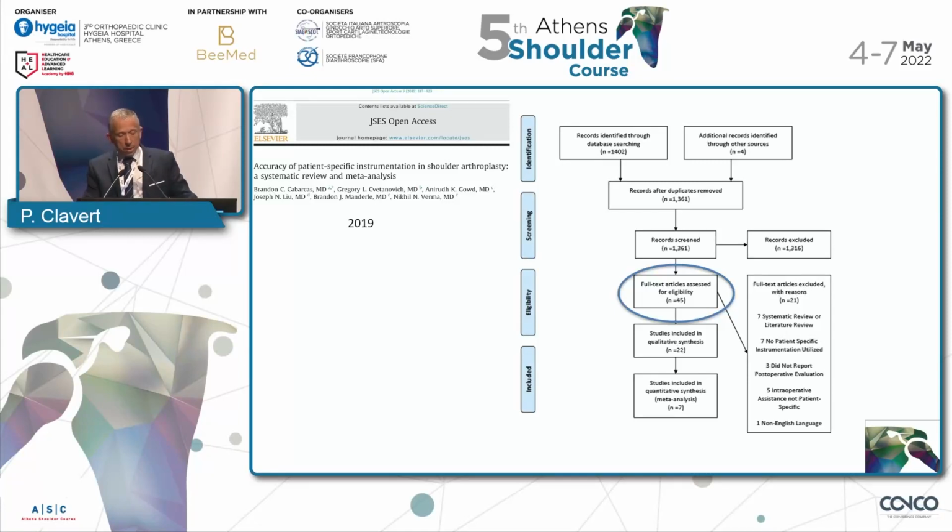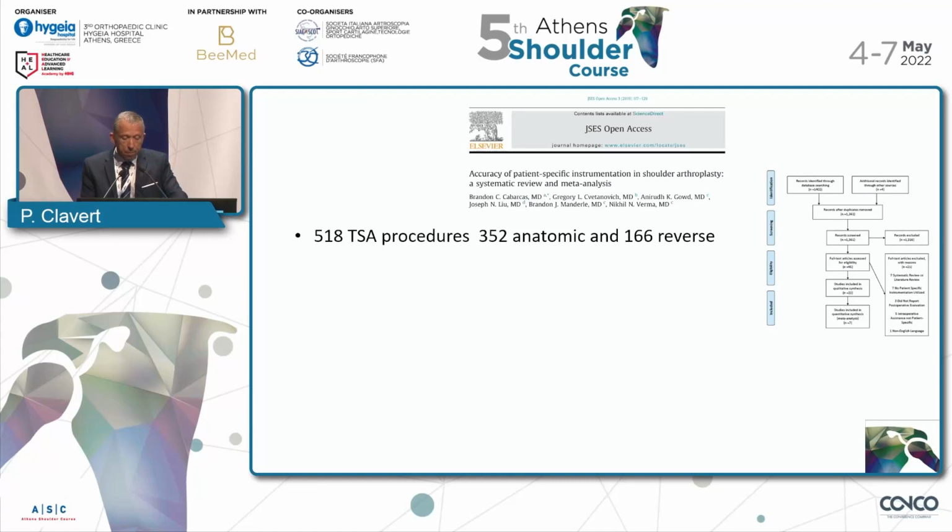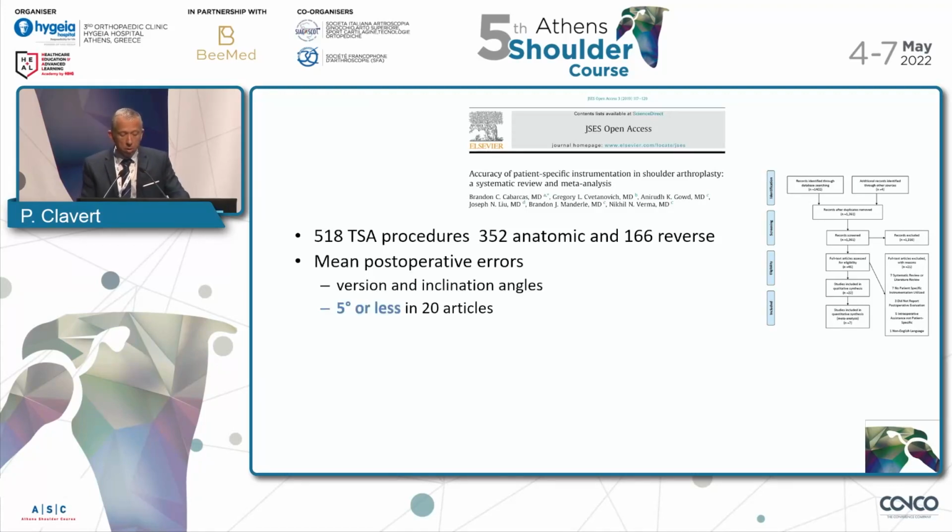The second meta-analysis, published in 2019, considered a lot of papers, 45, but after the different exclusions, only 7 could be included in the study, for 718 total shoulder arthroplasties, mostly anatomic versus reversed. The mean postoperative error was around 5 degrees or less in 20 published papers.